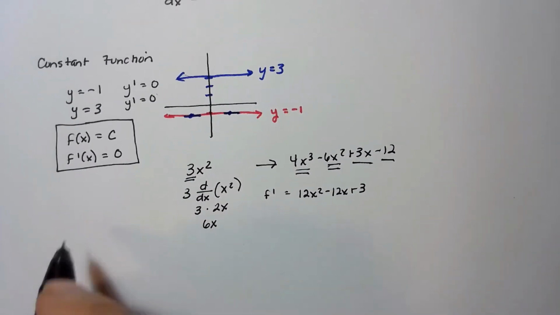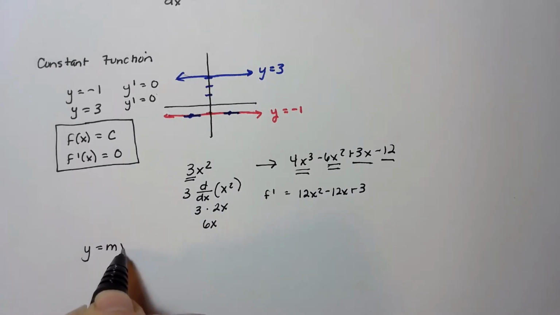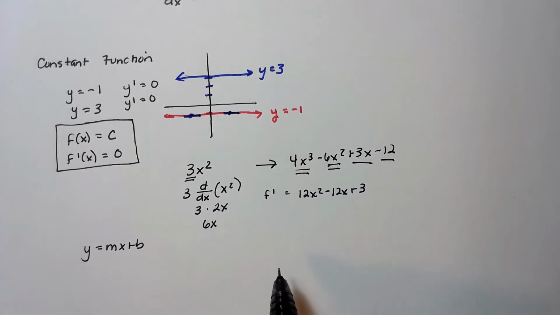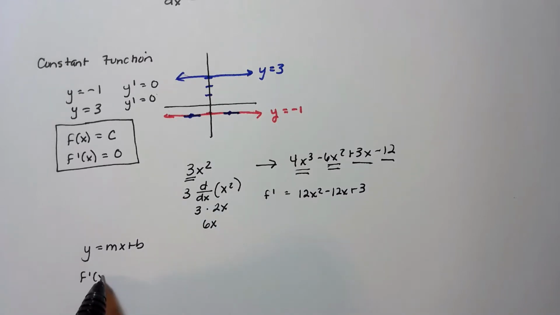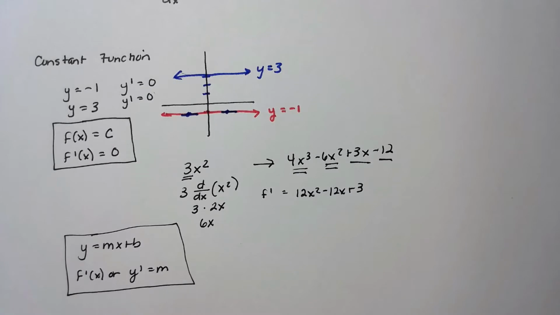Alright, a linear function, y equals mx plus b. Okay? The derivative of a linear function is the same as the slope of the linear function. Okay? So f prime of x, or you could call this y prime since I wrote y equals, is equal to m. That's the linear function rule.